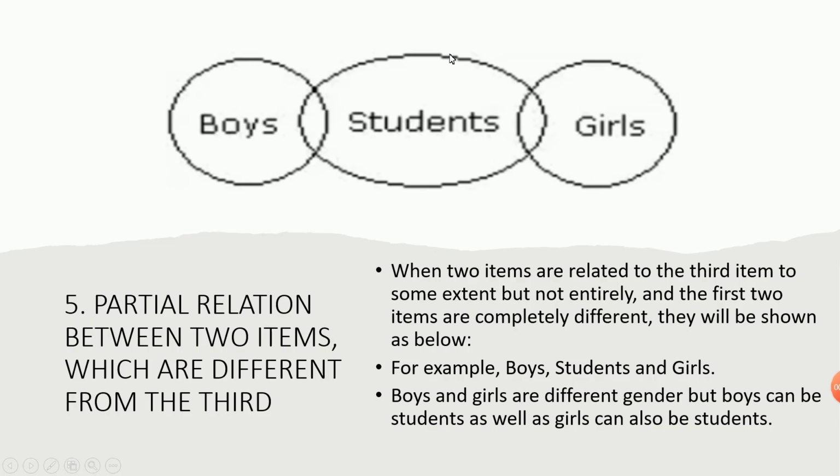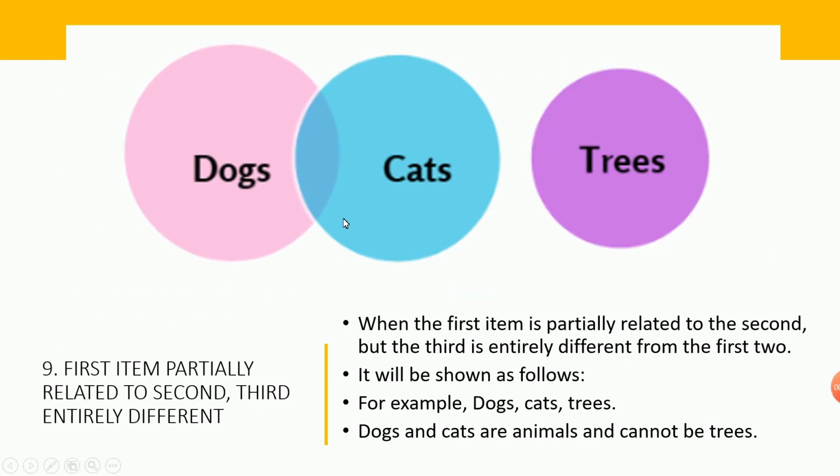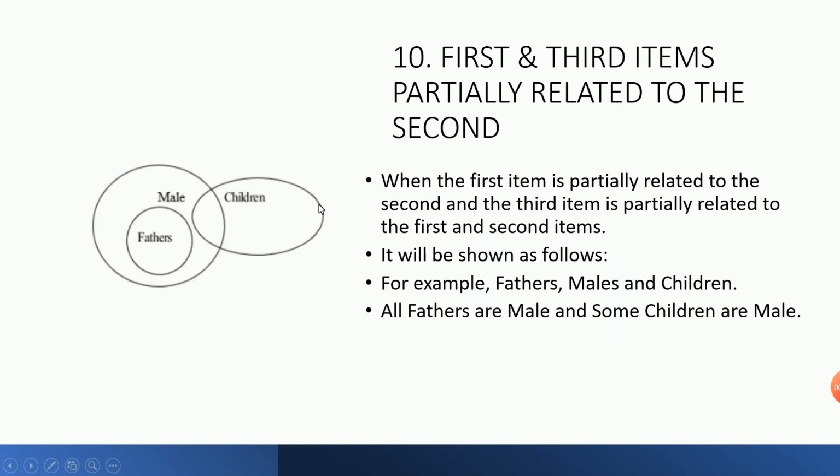Because here the second is the main thing, but as we are going to have arguments, we cannot assume anything straight away. We have to follow whatever is given in the first order. So this is the first, this is the second, this is the third. So first and third are partially related, but here they have not touched. So they are partially related to the second.